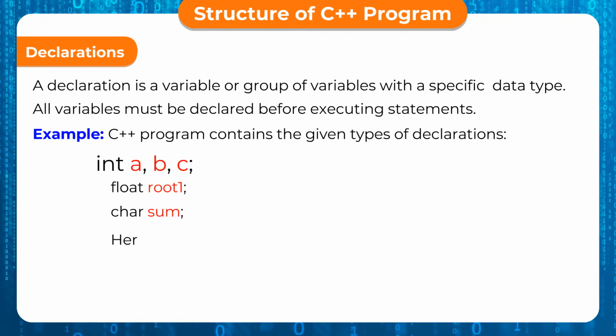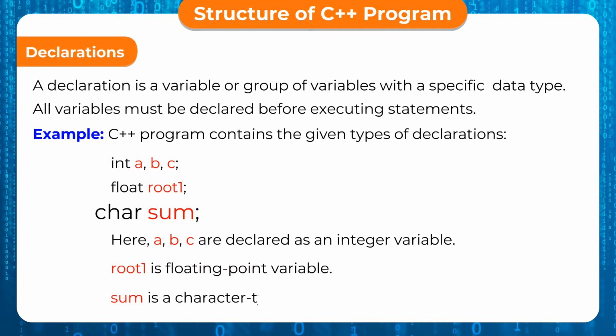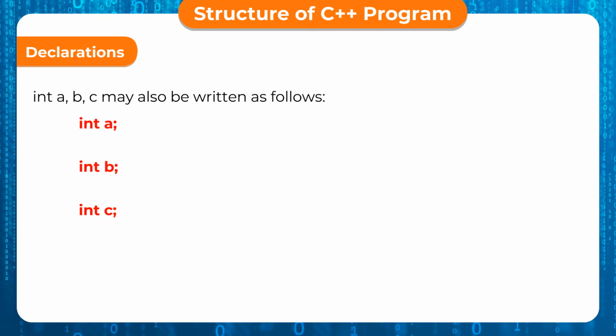Here, a, b, c are declared as integer variables. Root1 is a floating point variable. Sum is a character type variable. Int a, b, c may also be written as int a, int b, int c.